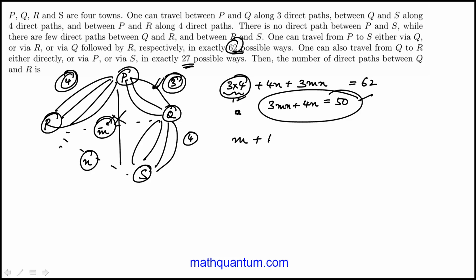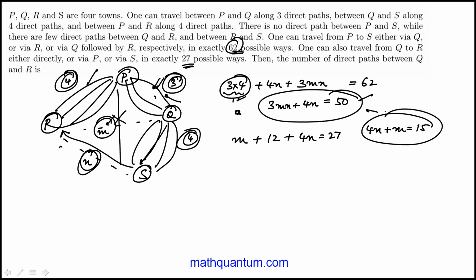I should have described that earlier: if you have 3 ways of going here and 4 ways here, the total number of ways you can take, from the fundamental counting principle, would be 12. And then you can go to R from S as well, and that would be 4 times n. So that's my second equation. This simplifies to 4n plus m is equal to 15.